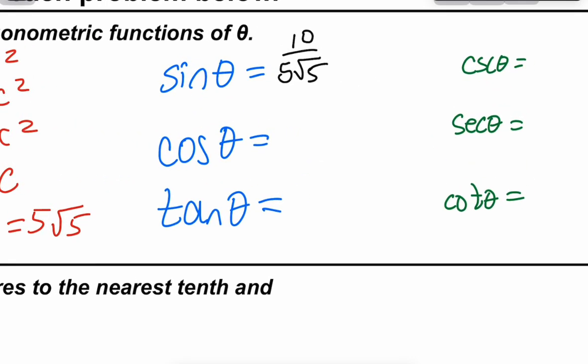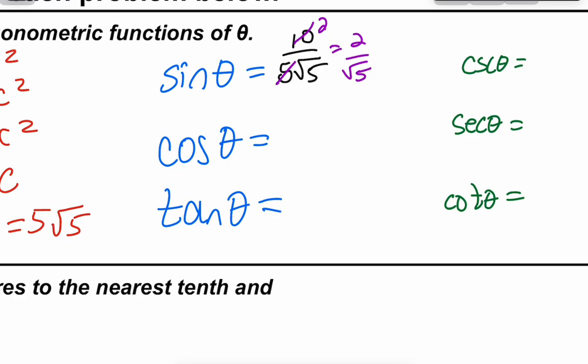Now, to simplify a fraction with a radical, I want the radical only in the top, and I want it reduced. So there's a few different ways to go about this. 5 does go into 10 2 times. So you could write it as 2 over radical 5. And then we have to rationalize it.